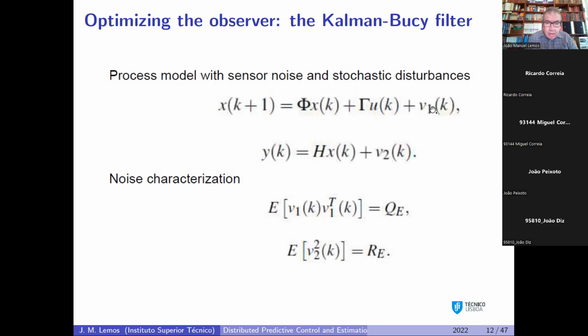So V1 is process noise, sometimes called stochastic disturbance, and V2 is sensor noise. Okay? And we assume that they have some variances, QE and RE. So that's the power of these stochastic signals.